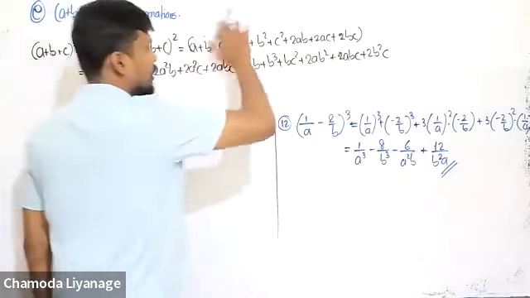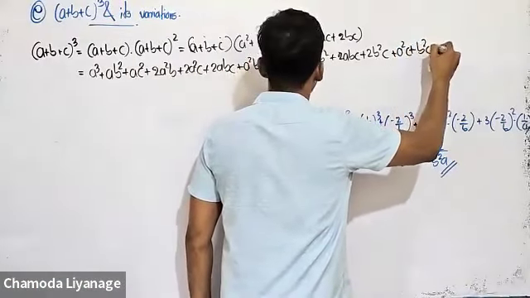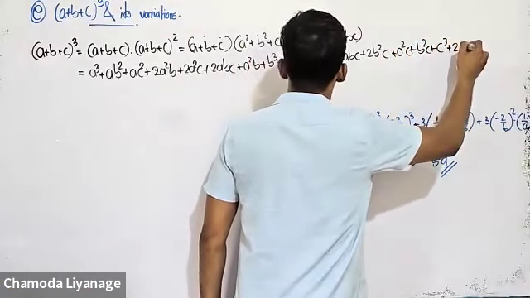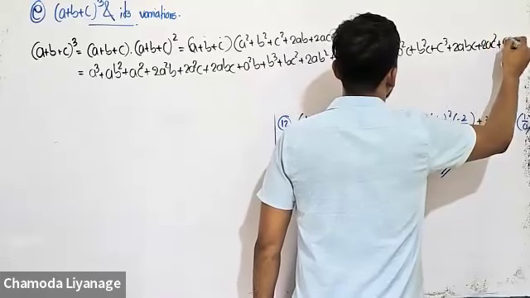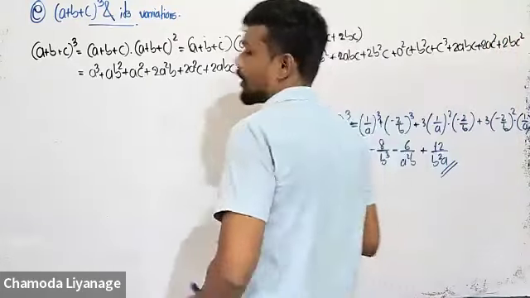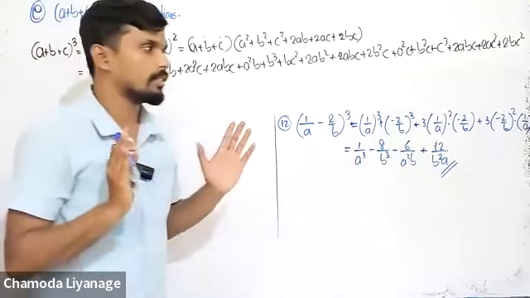Now with c, a squared c, b squared c, c cube, 2abc, 2ac squared, 2bc squared. Right now. Now the expansion part is done.